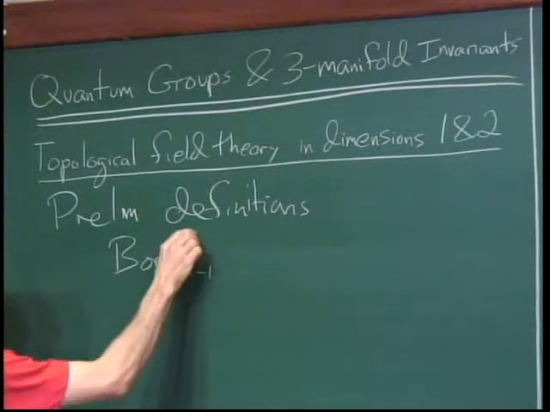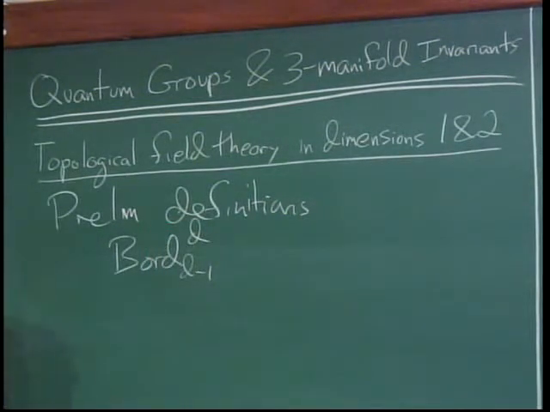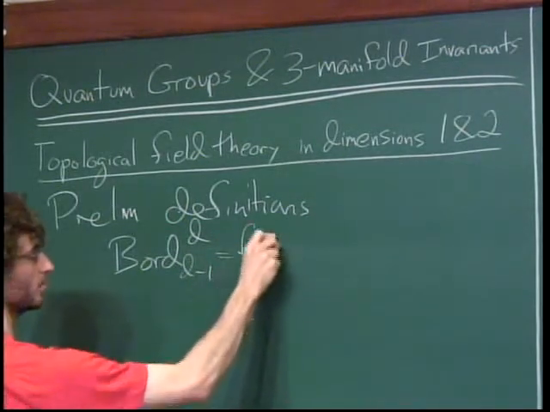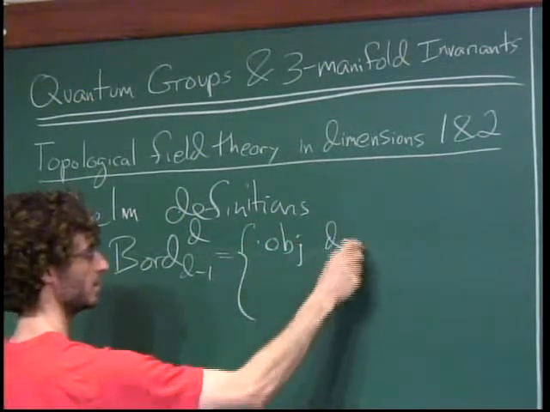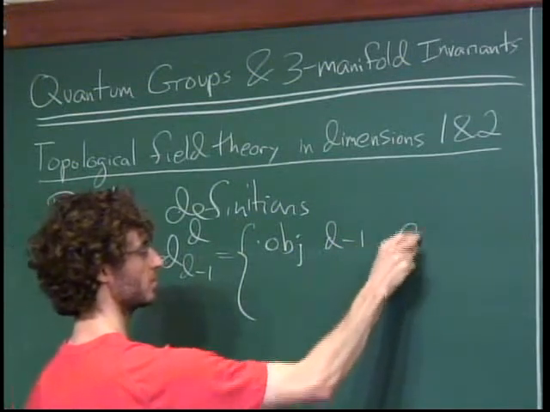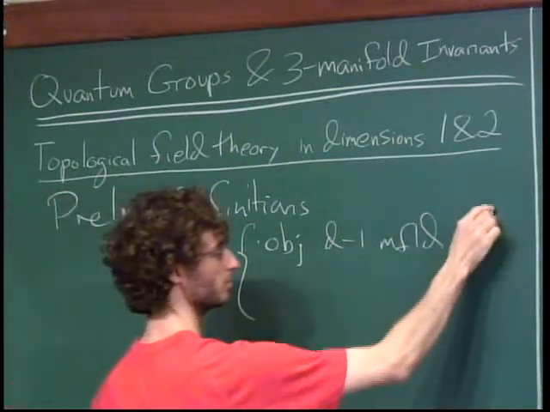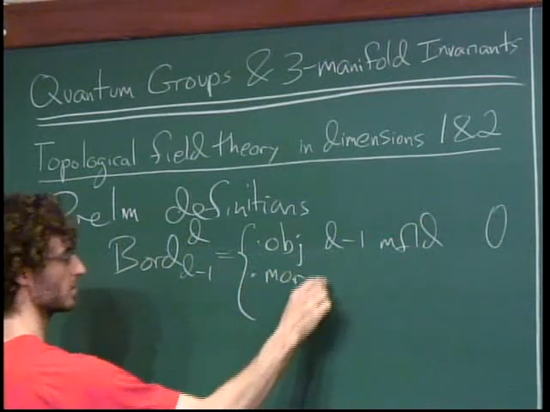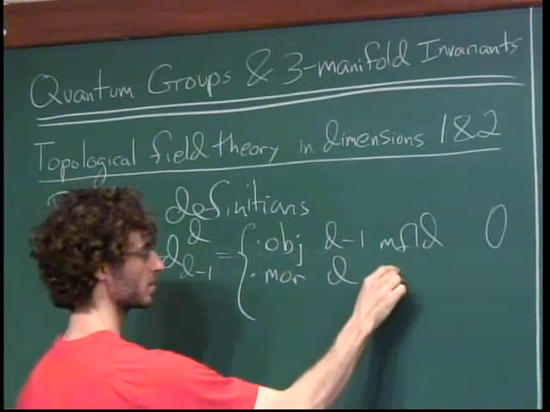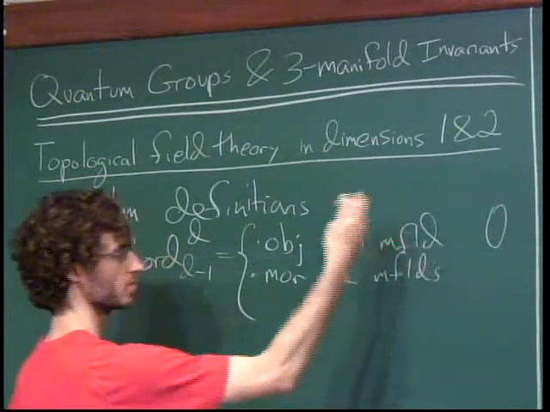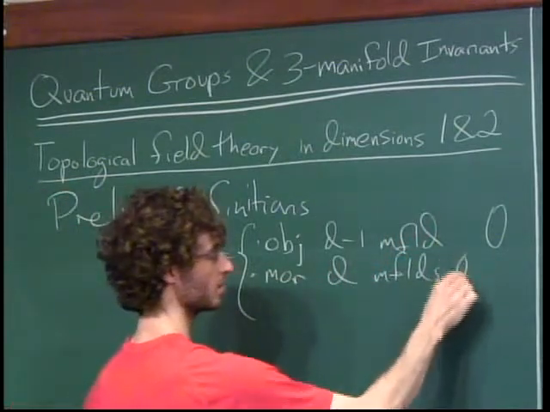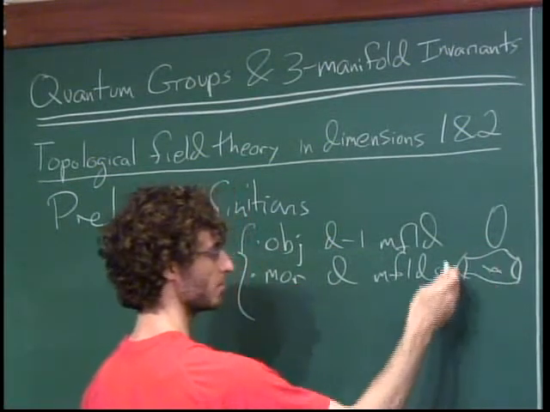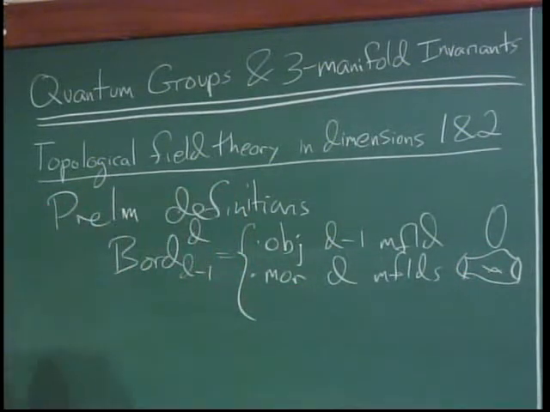So I'm going to write it Bord_{d-1,d}. So the objects are d-1 manifolds, you know, say a circle, and the morphisms are d manifolds that are bordisms between these d-1 manifolds. So for instance, this might be a morphism from the circle to the circle.